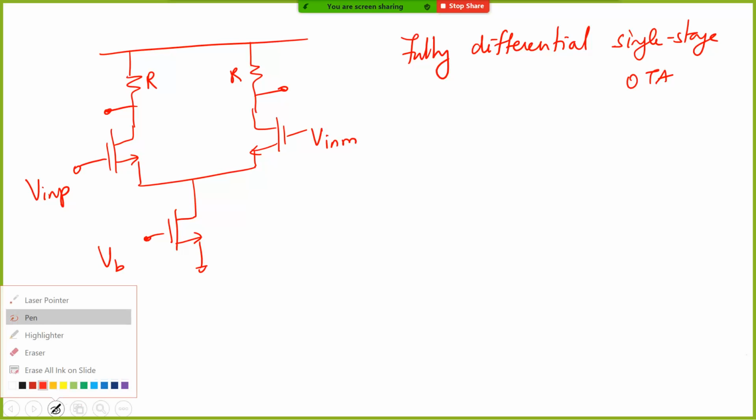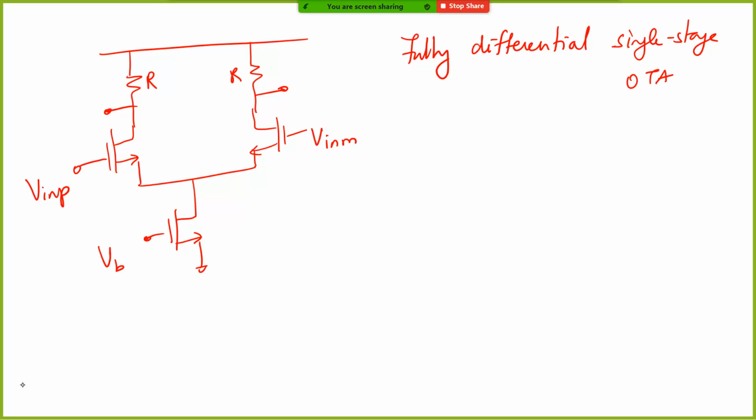Let's do a quick thought experiment. V in P can be written as V common mode plus, let's say, a small signal. Right now we are doing a small signal analysis, because most of our analog circuits work on this premise.